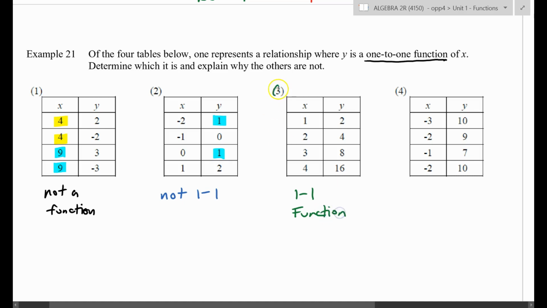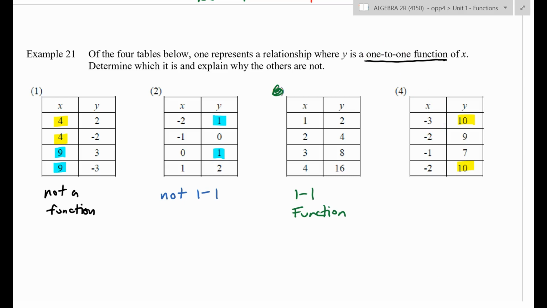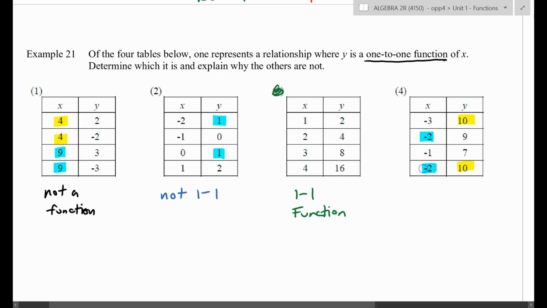All unique. And then what's wrong with the last one? The 10s, and this too. So this is not a function, and it's also not one-to-one. So again, we're seeing another representation of what we just did on the previous thing.